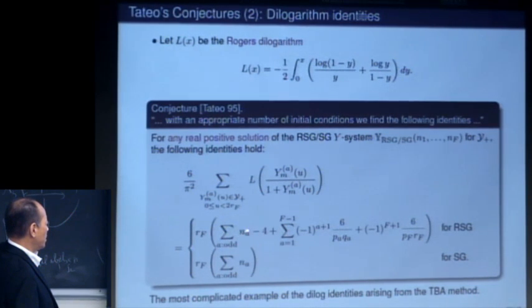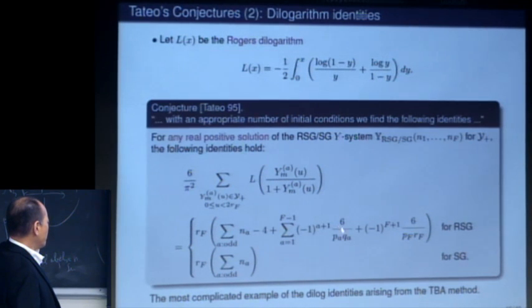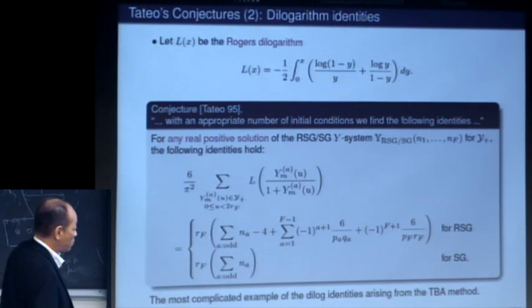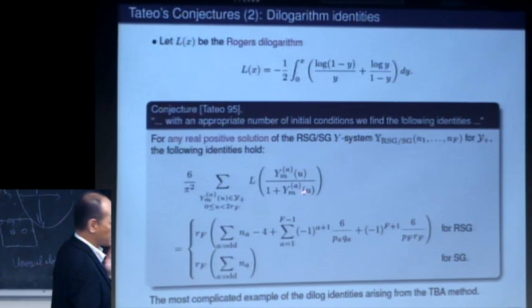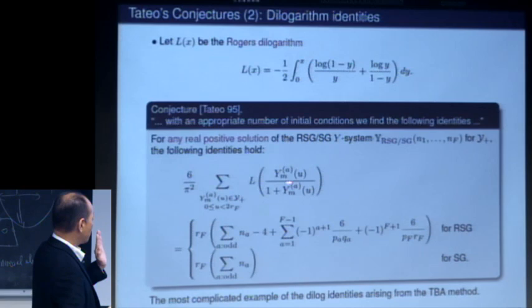And moreover, he gave these explicit conjectures. And once again, he didn't say this is a conjecture. He said, with an appropriate number of initial conditions, we find the following identities. It means, well, it's possible to make a numerical calculation of this. Since Y system is actually a recursion relation, if you consider this spectral parameter as a discrete time, you can start from some initial condition, put in any number, and you can calculate it.